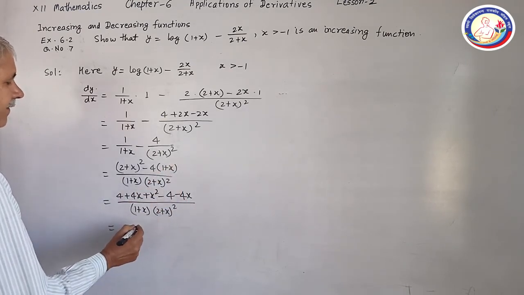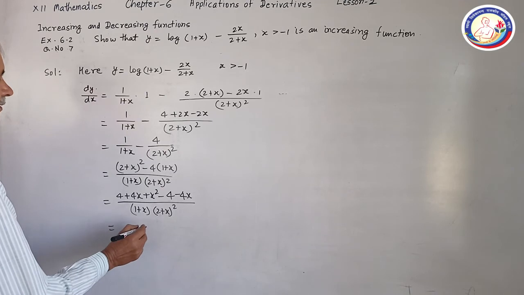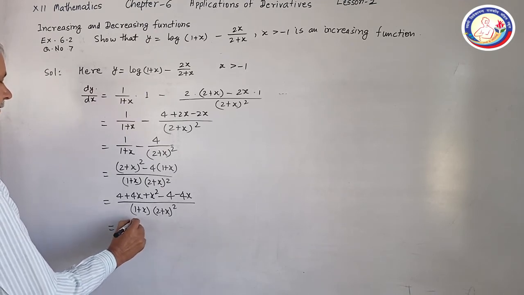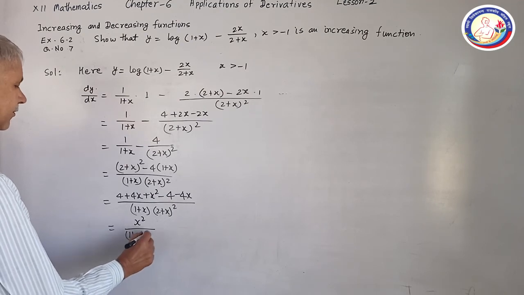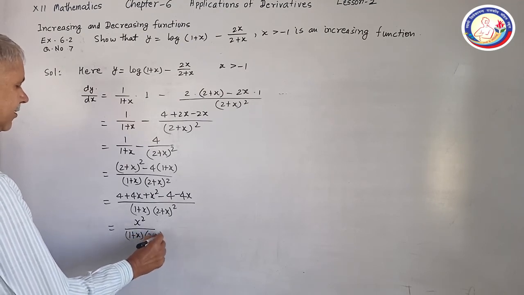So we shall have only x square upon (1 + x)(2 + x) whole square.